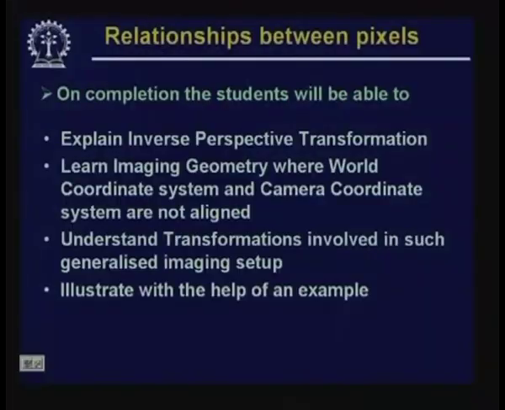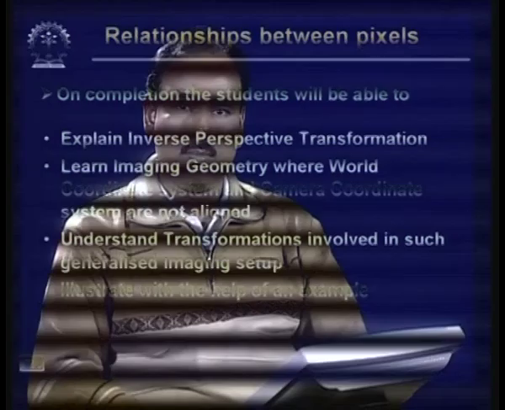Today, we will talk about the inverse perspective transformation. We said that the perspective transformation takes an image of a point or a set of points in the 3-dimensional world, and these points are mapped to the imaging plane, which is a 2-dimensional plane. The inverse perspective transformation just does the reverse process.